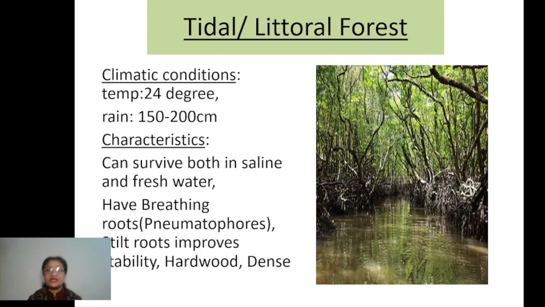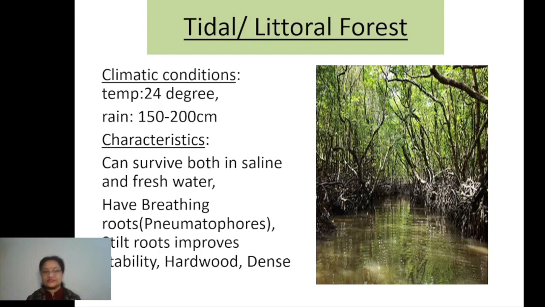The roots actually come up above the level of water or above the level of swampy surface. Swamp, दलदल area, right? दलदल, आपको पता होगा, दलदल वाले एरियाज में इस टाइप का वेजिटेशन मिलता है, ओके, या कोस्टल एरियाज में. Now when the roots come up, they actually help in proper inhaling.